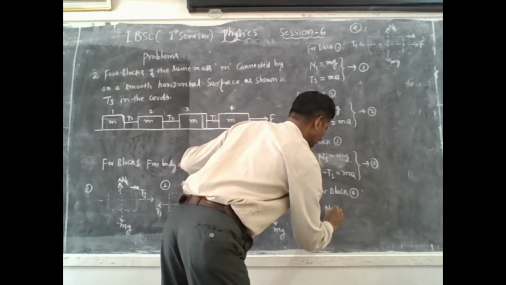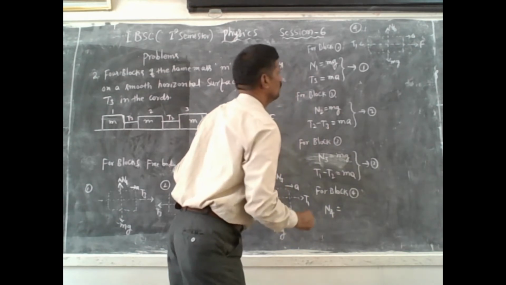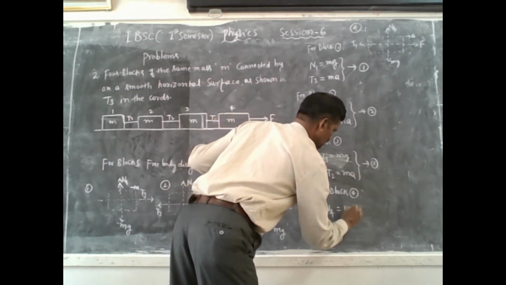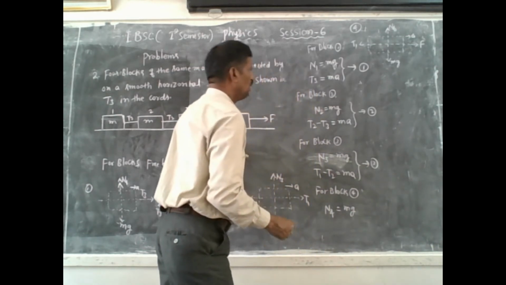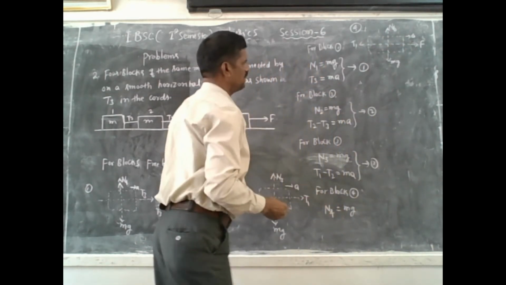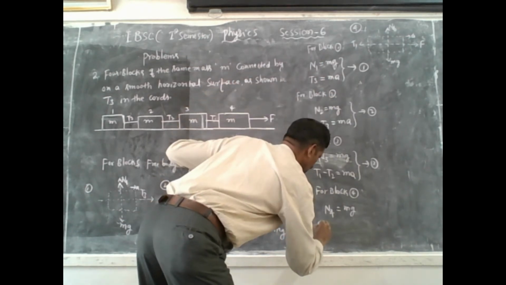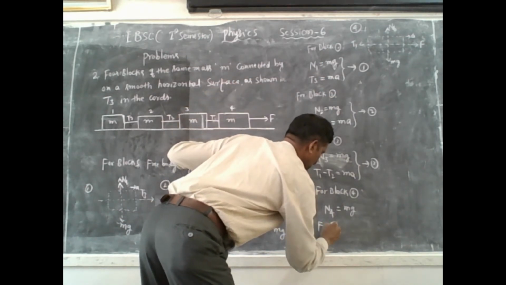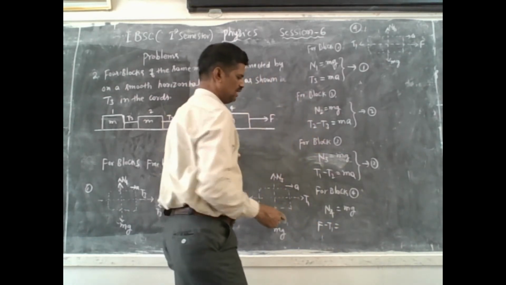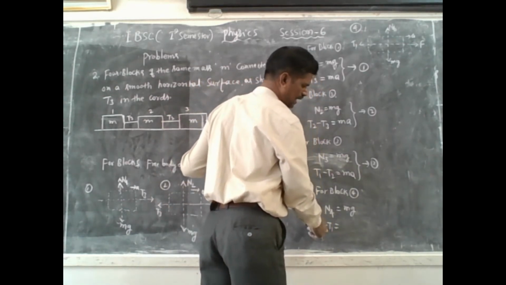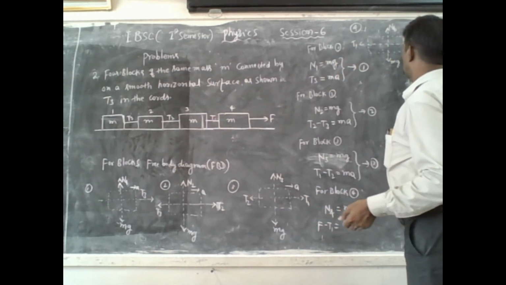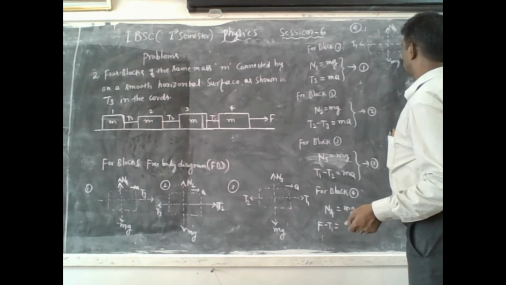Now N4, the reaction, is equal to mg, and then F minus T1, because F is greater than T1, that's why that is in the positive case, and T1 in the negative case, because action and reaction are equal and opposite here also.